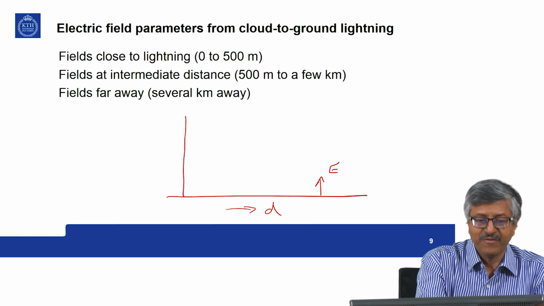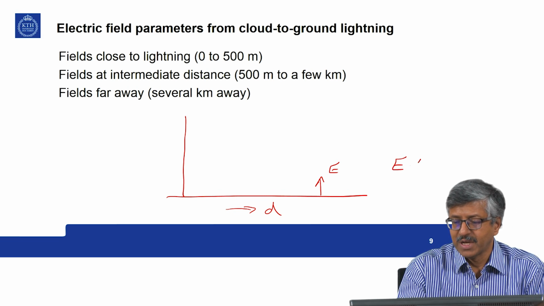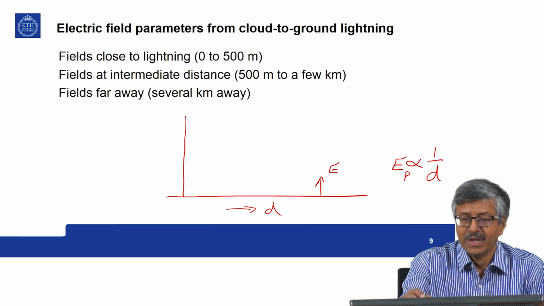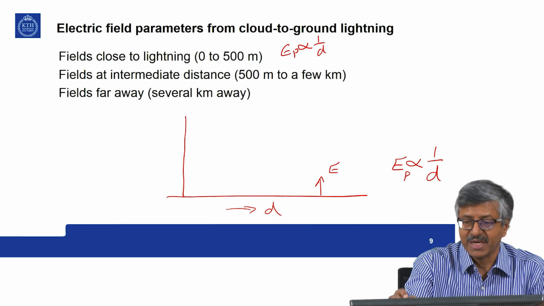Close to the channel and far away from the channel, E peak is proportional to 1 over d approximately.